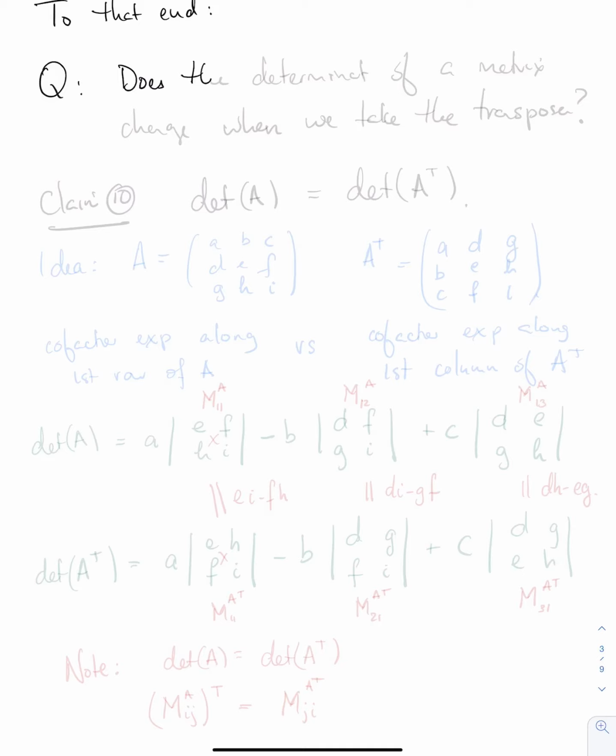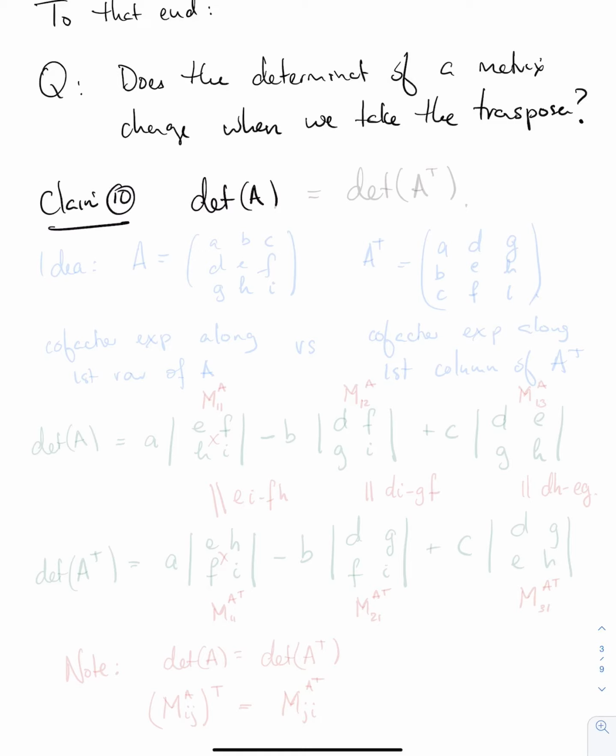Does the determinant of a matrix change when we take the transpose? Claim 10. No. The determinant of A is equal to the determinant of A transpose.